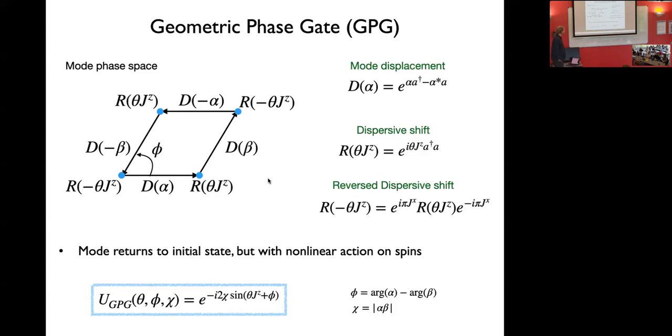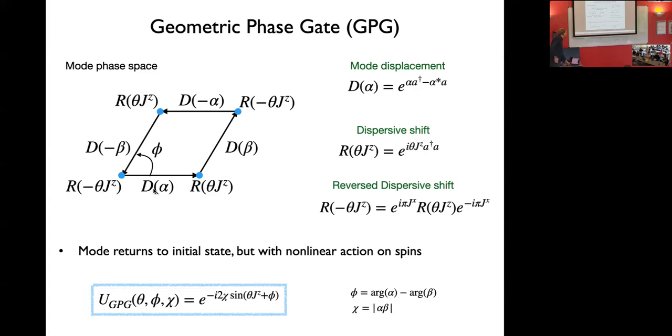then it involves the sequence of steps here, where you do this dispersive shift R theta JZ, where R theta JZ is just the unitary generated by exponentiation of this dispersive coupling. So effectively what it does is it performs a rotation of the spins dependent upon the number of photons or the Fock state of the mode. And then you have displacements.